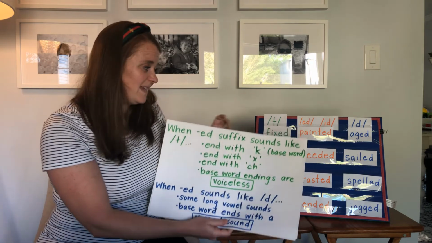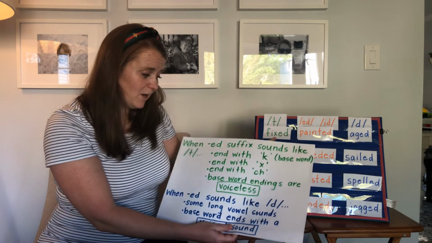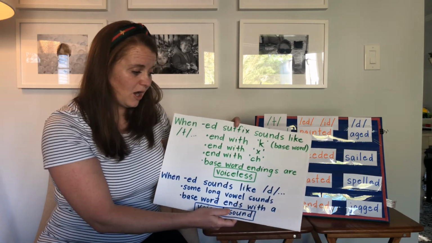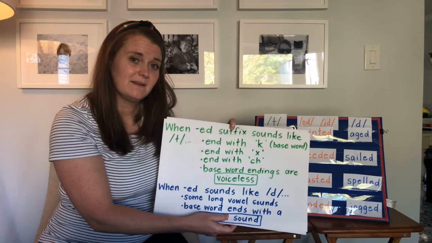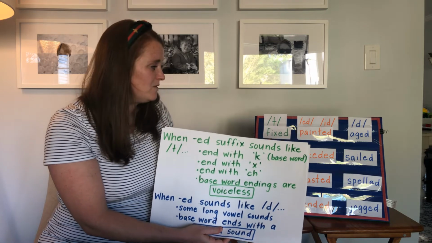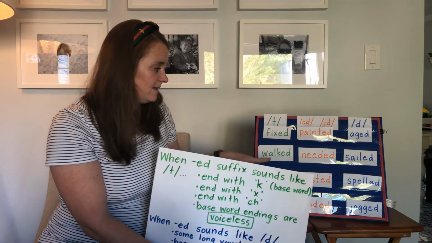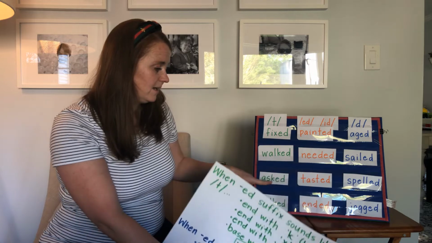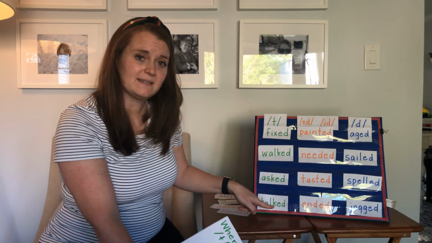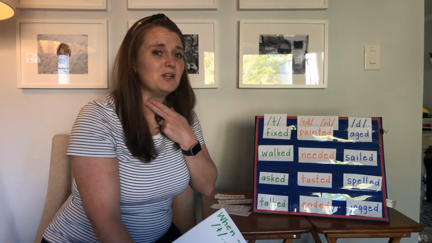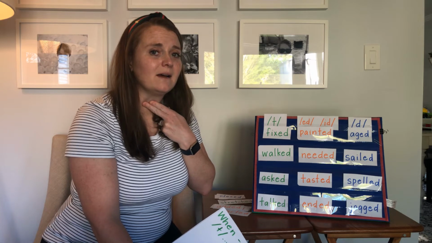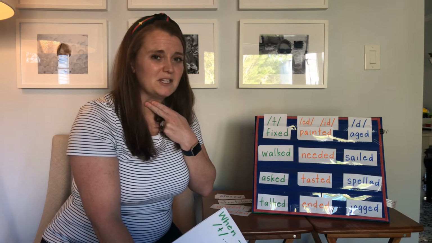I also noticed that the ending sounds of the base words are called voiceless sounds. And what that means is when you say the x sounds, if you put your fingers on your voice box here, you don't feel a vibration.